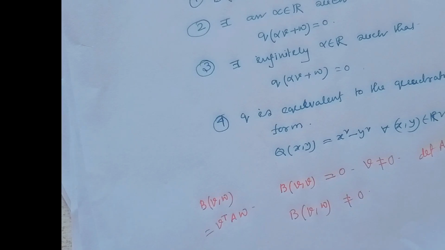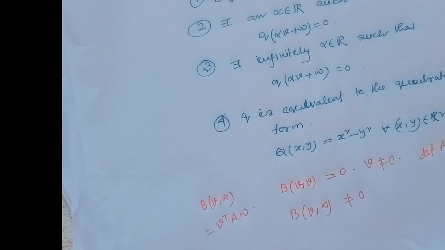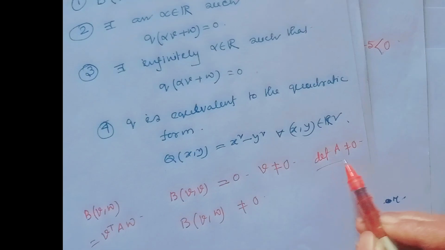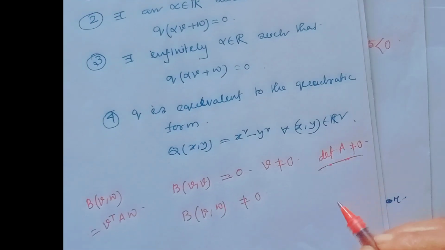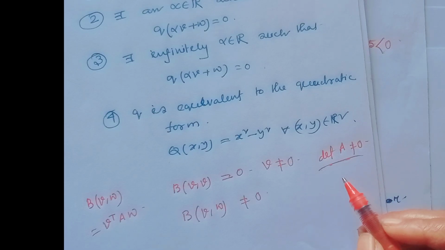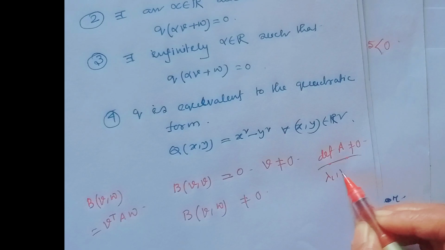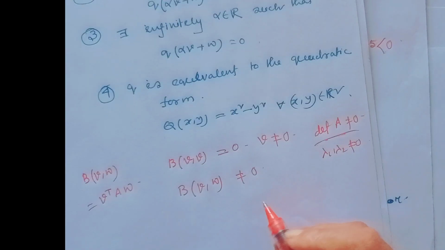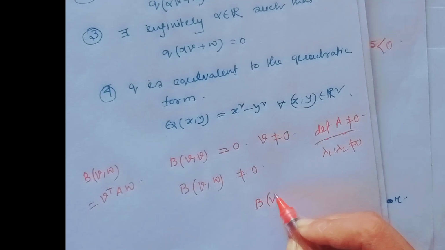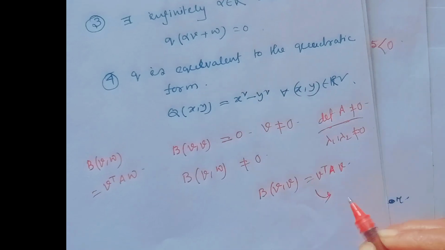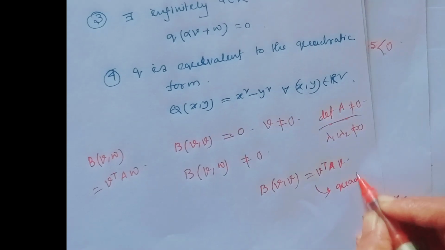Since the determinant is not equal to 0, and the determinant is the product of the eigenvalues, lambda 1 lambda 2 is not equal to 0. That means, when the bilinear form of a vector with itself, V transpose AV, is considered, then this bilinear form is represented as a quadratic form.